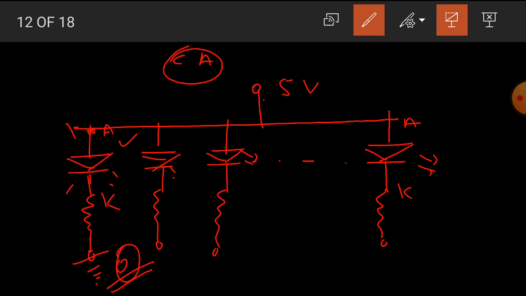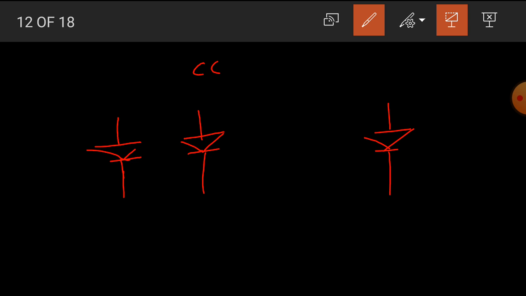Similarly, we can see the common cathode type display. Let's see once again this diagram. This is the first LED, second LED, and consider this is the seventh LED. This terminal is anode, this terminal is cathode. Hence, we are going to see the common cathode type 7 segment display.